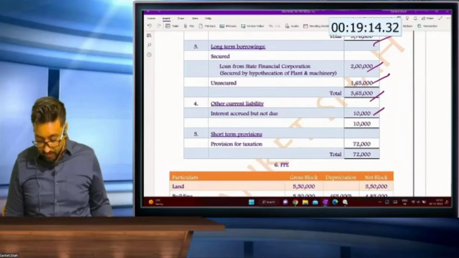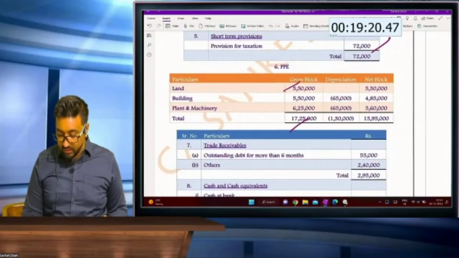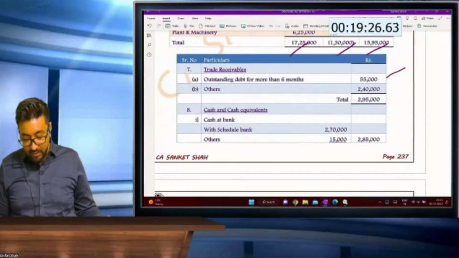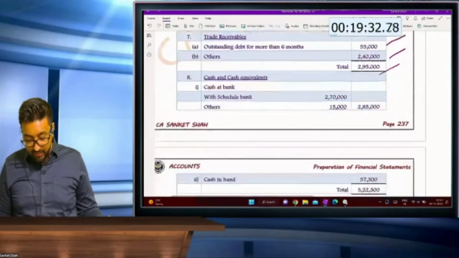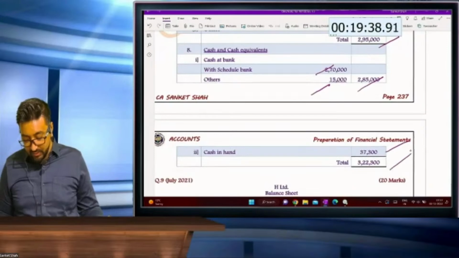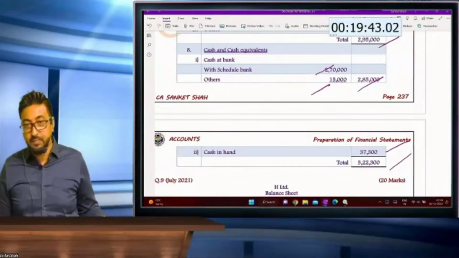Long-term borrowings में other current liabilities and short-term provisions, provision for taxation. Gross block 17,25,000, less 1,30,000, is 15,95,000. Trade receivable more than 6 months, less than 6 months, others, okay, 2,95,000. Cash equivalent 2,70,000 plus 15,000 is 2,85,000, plus 37,300, is 3,22,300. So this is the answer.